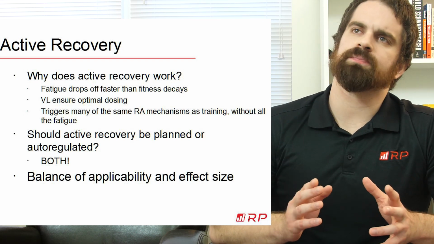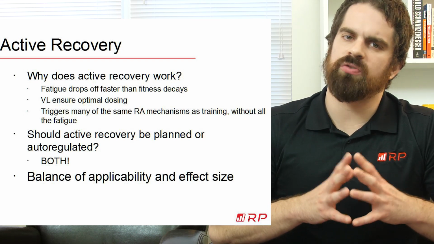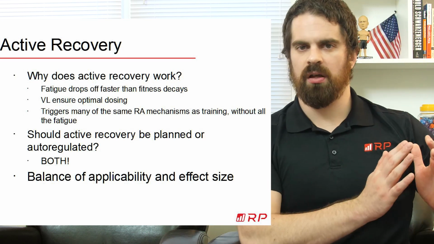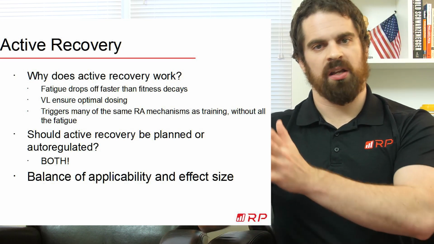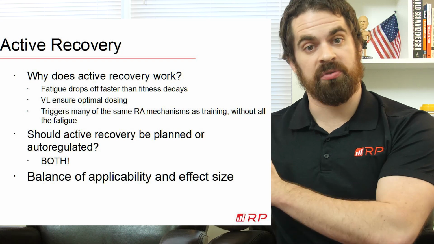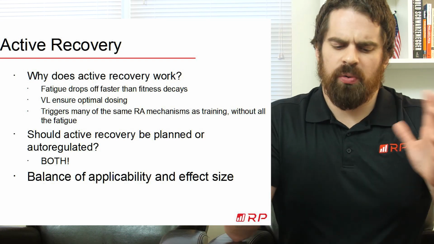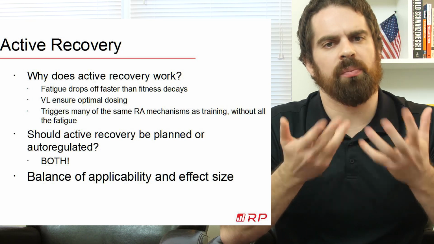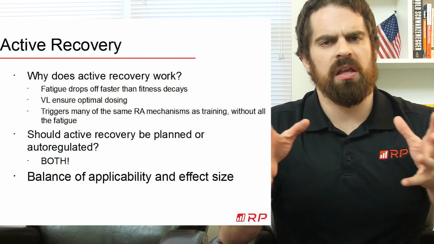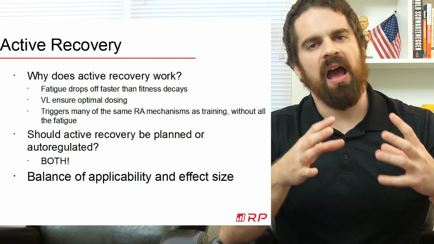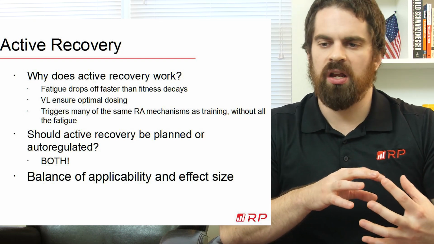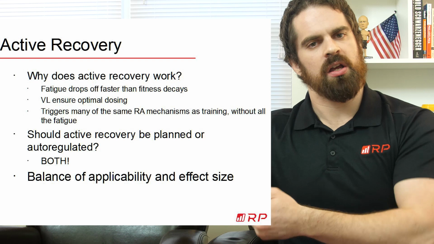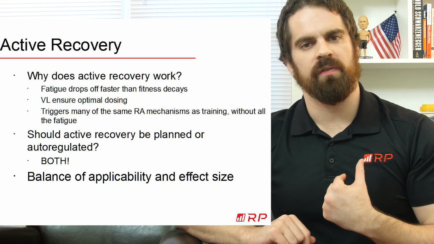A lot of people will ask, should my active recovery strategies be planned or auto-regulated, meaning used on a needs basis or an impromptu basis? And this has created kind of a weird dichotomy in the fitness community, and what I would propose to you is that it doesn't have to be either, it should be both, right? We can have pre-planned strategies, and we can also use auto-regulation to feed back and feed forward both of those strategies.